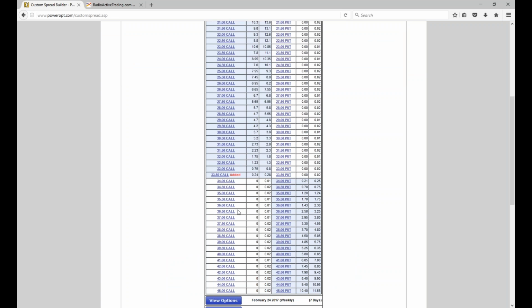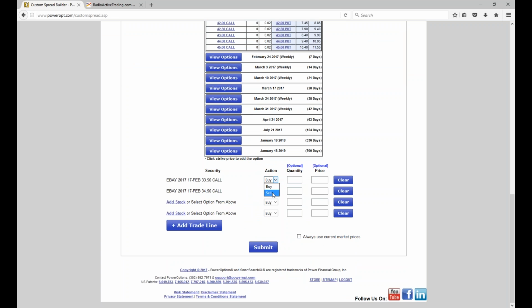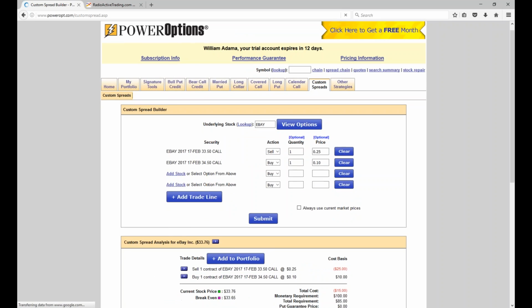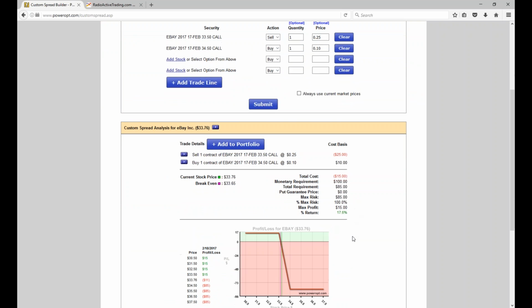I'm going to sell the 33.50 and buy the 34.50. And let's say I had sold this maybe 2 weeks ago for 25 cents, and I bought this one for 10 cents. So a 15-cent net credit on a 1-point spread.